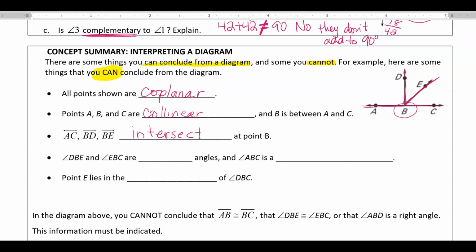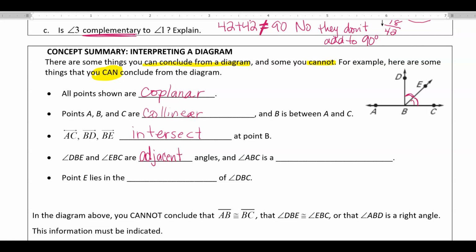So even though B does not have the dot, there's no dot right there, we still know that they intersect at B. Okay, moving on. Angle DBE, which is this angle, and angle EBC, which is this angle, are something angles. Well, they're touching. Therefore, they are adjacent angles.